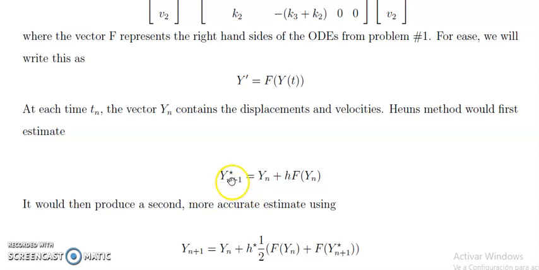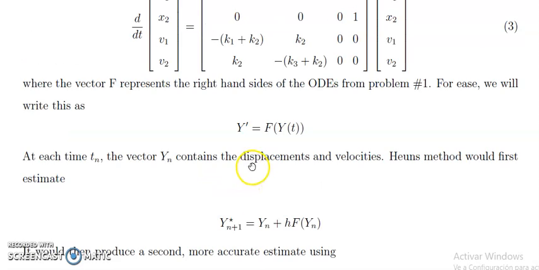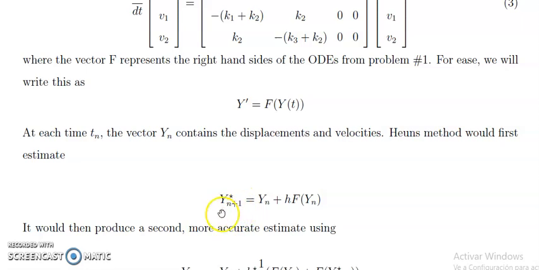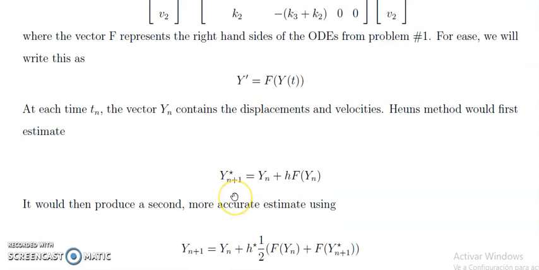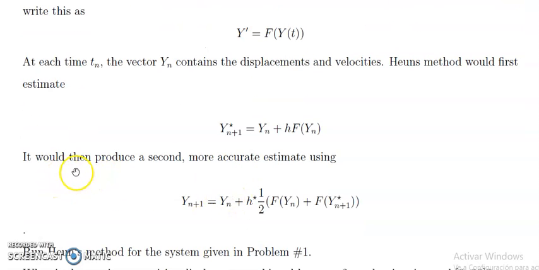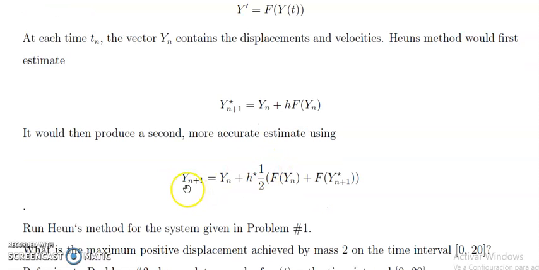But instead of this being the solution of our problem at step n plus 1, it is an approximation, and then we apply the recipe again.